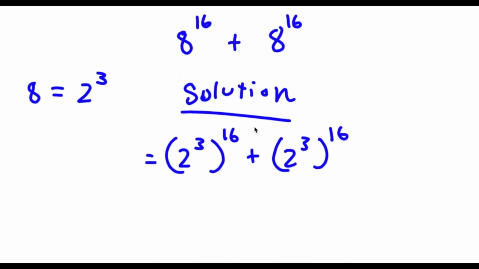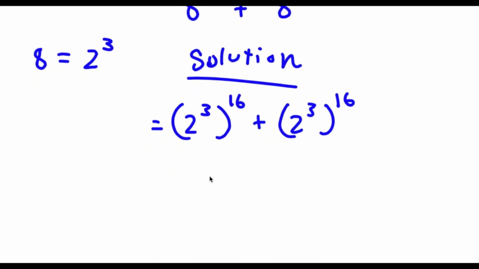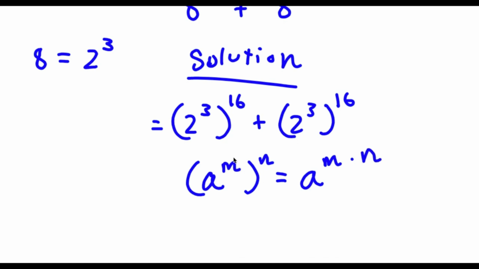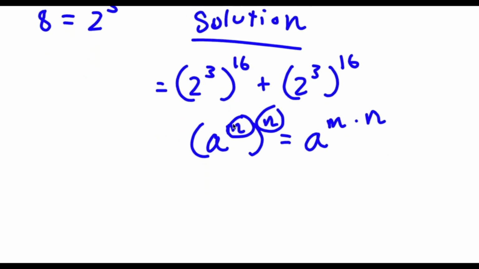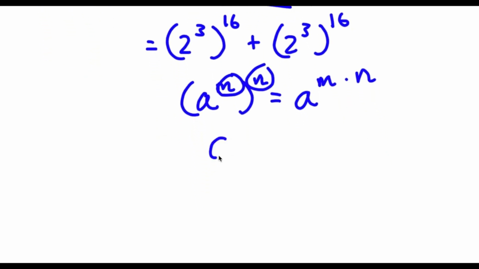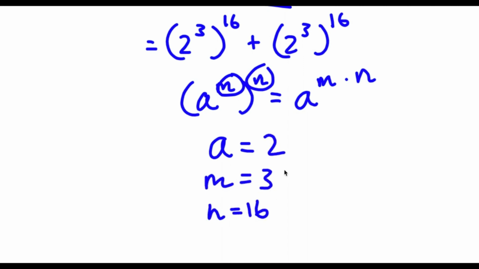So now, if I have something in the form a to the power of m to the power of n, this is the same thing as a to the power of m times n. So these two simply just multiply. So in this case, I have 2 to the power of 3 to the power of 16. So we can think of a as 2, m as 3, and n as 16.